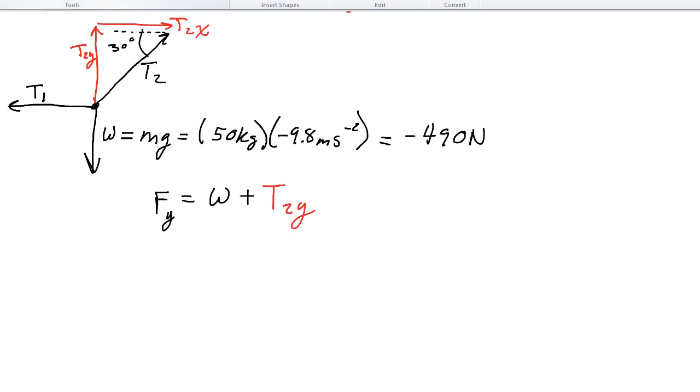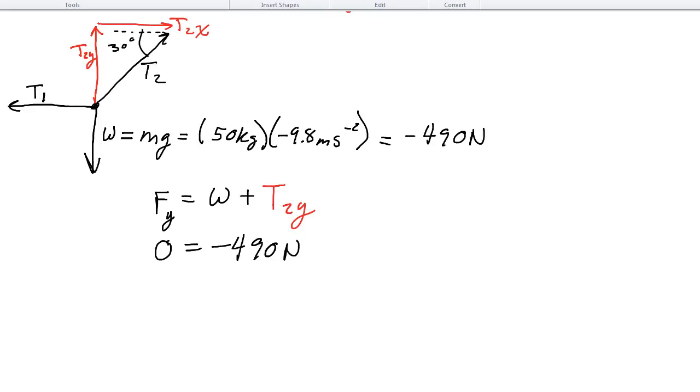And we know that because the point is in translational equilibrium, as before, that the net components add together to 0. Okay, and so my weight, we already solved for that, is negative 490 newtons.